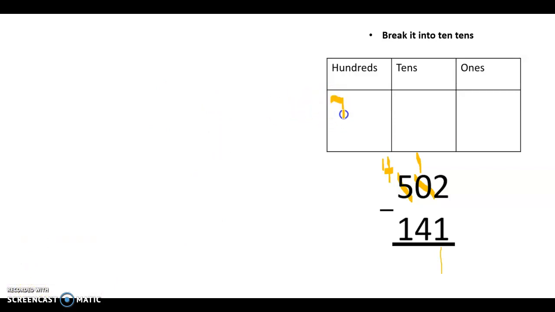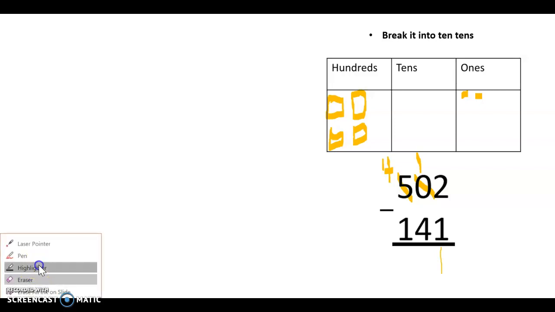So I have my 4 hundreds, and then I've got the 100 I moved over here to the tens place, and then my 2 ones. Now remember, we said we've got to break that 100 up. So I'm going to break this 100 up into 10 tens.